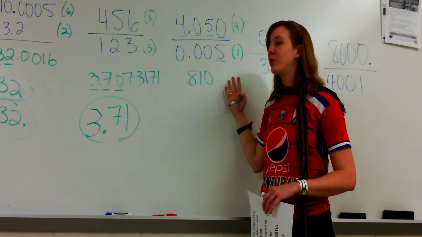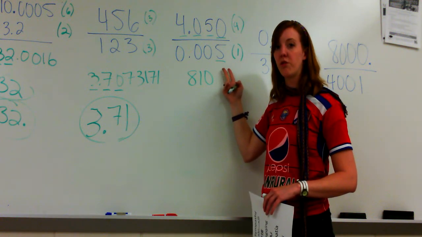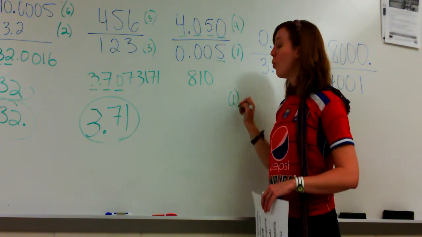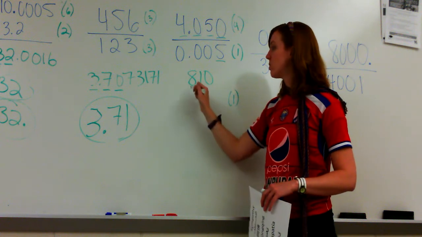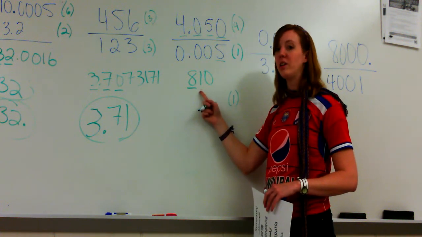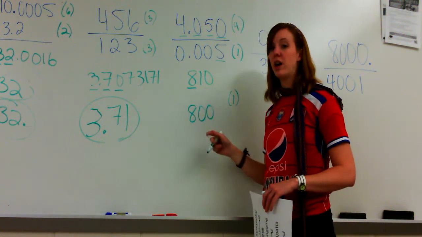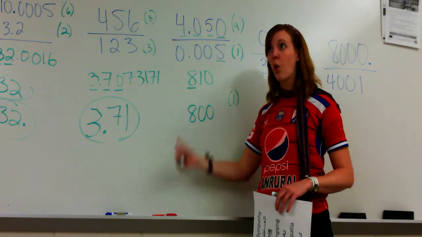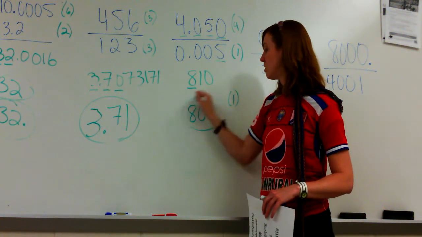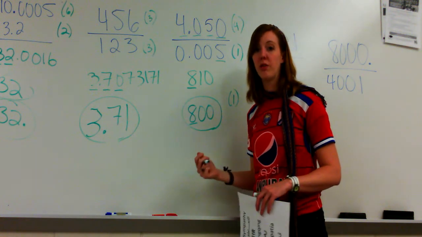So that was good, but when you multiply, now this only has the 1 significant figure, which means my answer can only have 1 significant figure. So I start at the beginning. That means I can't have that 1 there. I'm not allowed. So I will write 800. I could either round down to 800 or up to 900. 810 is closer to 800, and that only has the 1 significant digit, so 800 is my final answer.